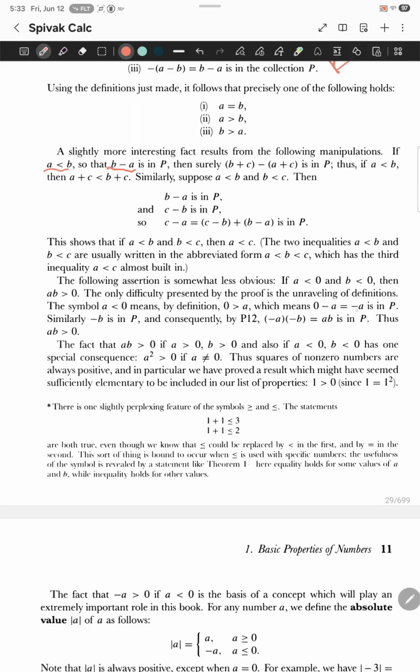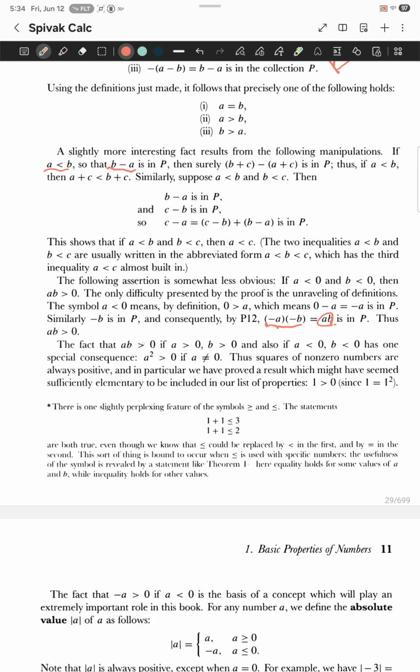It means that negative A is in P. Similarly, negative B is in P, and consequently by P12, negative A times negative B is in P. Thus, AB is in P, is greater than 0, right? Because negative times negative B is positive, as we have proved previously, so AB is greater than 0.